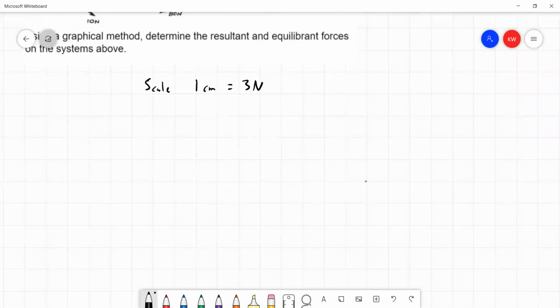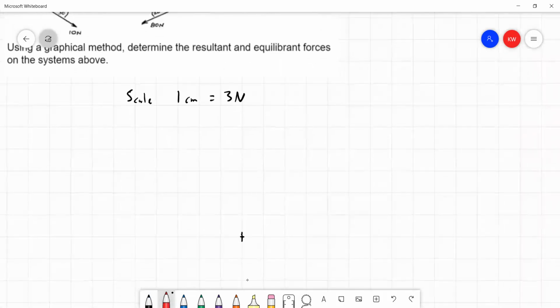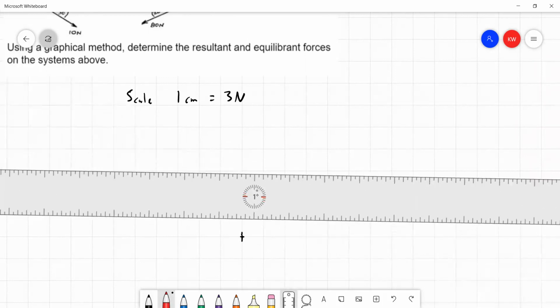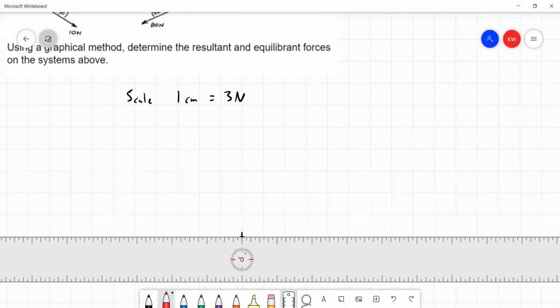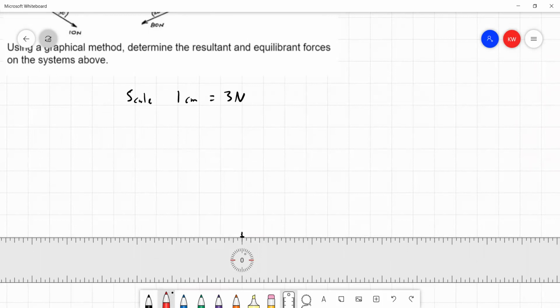So I will still draw a little cross to be our starting point, but what I'll do differently is I won't draw a dashed line this time because we're going to have a horizontal line on our page. So I'll draw our 30 Newton line first of all. This line will be 10 centimetres long and it will be completely horizontal, pointing to the right. So if we line up our ruler with our starting point, we can then draw a 10 centimetre line.